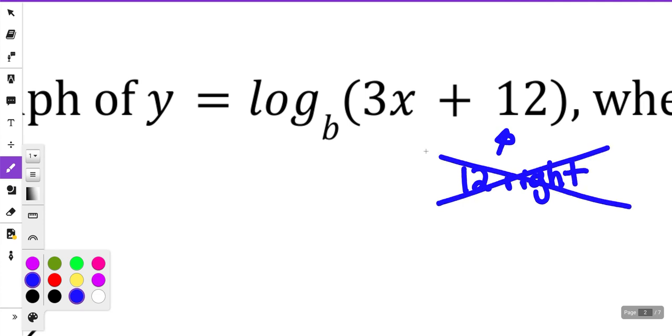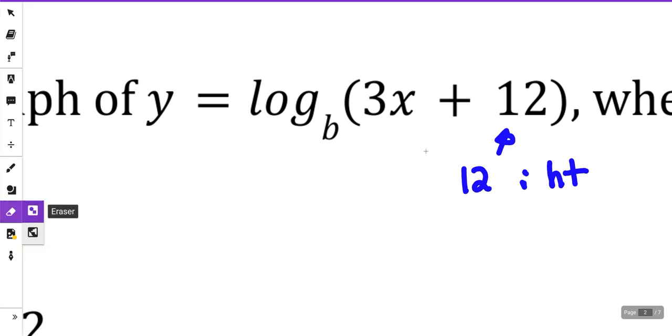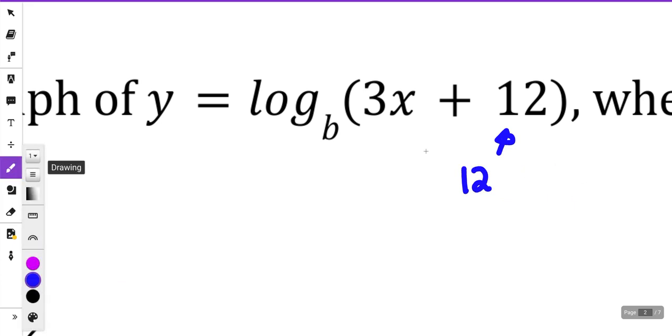It also didn't go 12 to the left. That's also incorrect. Remember, when we do transformations, we need to factor anything off of the x.